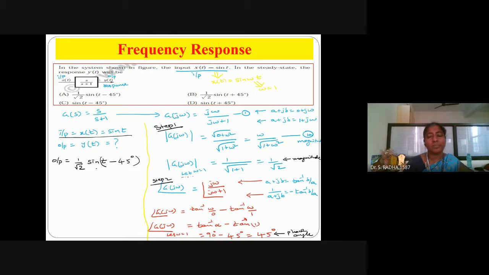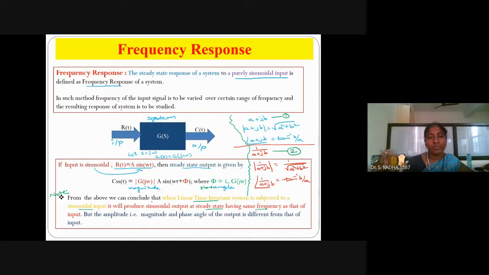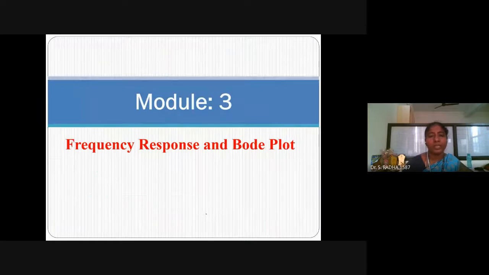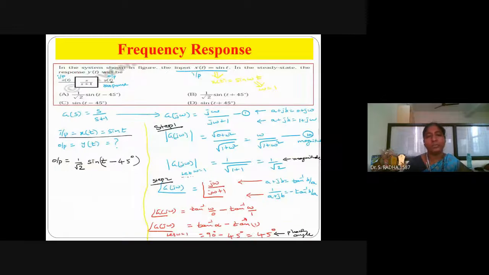The point is, the output will also be sinusoidal, but there will be a small change in the magnitude and phase angle. Input is sine, output is also sinusoidal. There is a change in the magnitude, and there is a change in the phase angle.